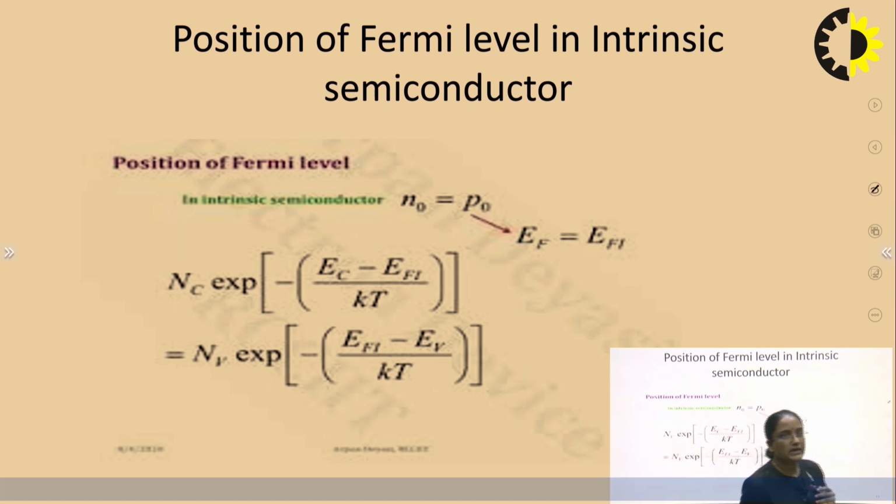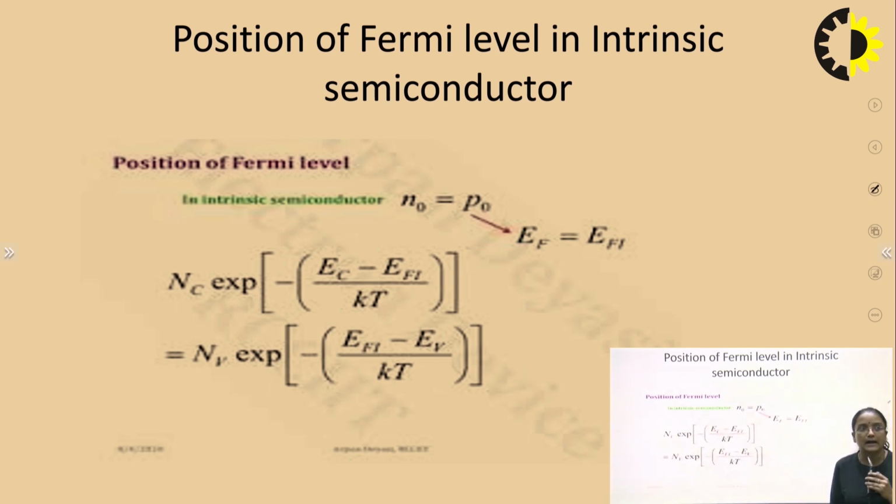These are some equations showing mathematically how we express the position of the Fermi level in intrinsic semiconductors. The basic condition of intrinsic semiconductor is that the number of free electrons and the number of free holes are equal.